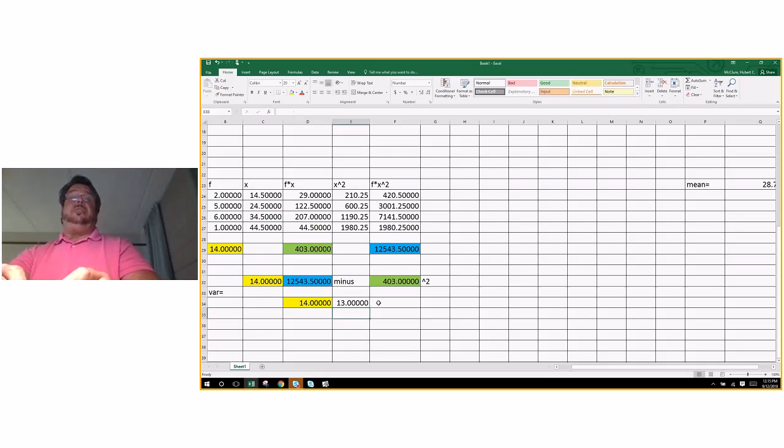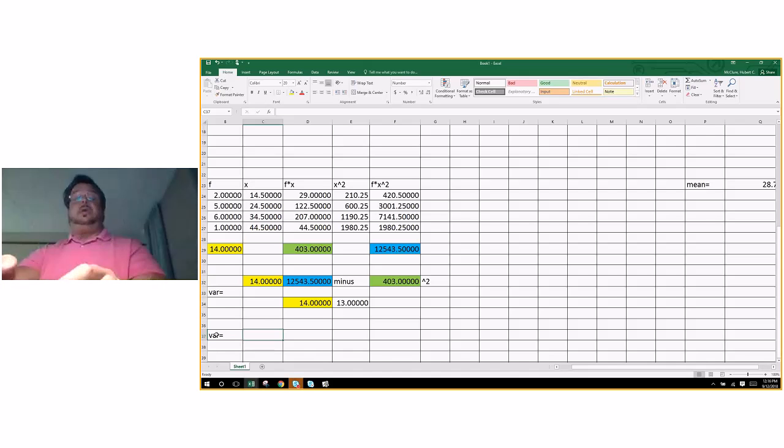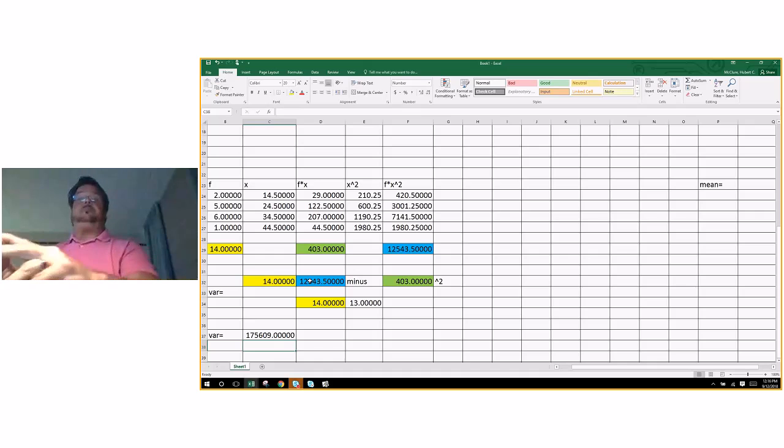Now I'm going to do the math. I got everything plugged in. So 14, everybody take 14 and multiply it by 1253.5. It's going to be a big number. So I'm going to take it right here and say equals 14 times this number right here. That's my number. Y'all check your math. Minus.